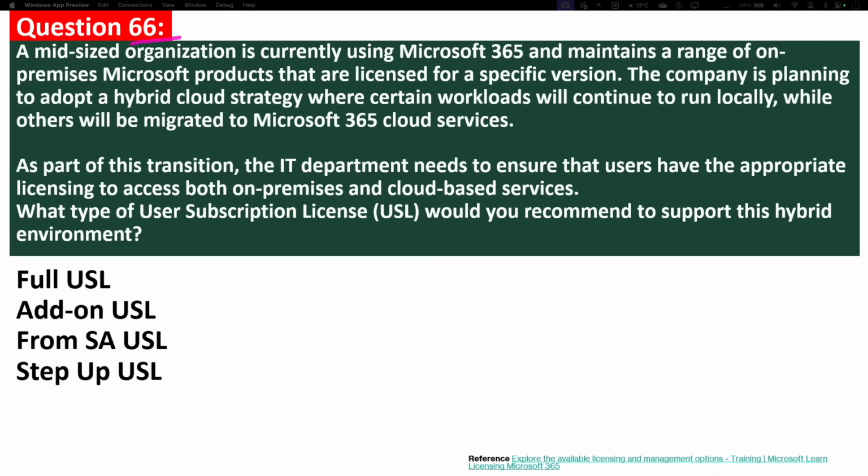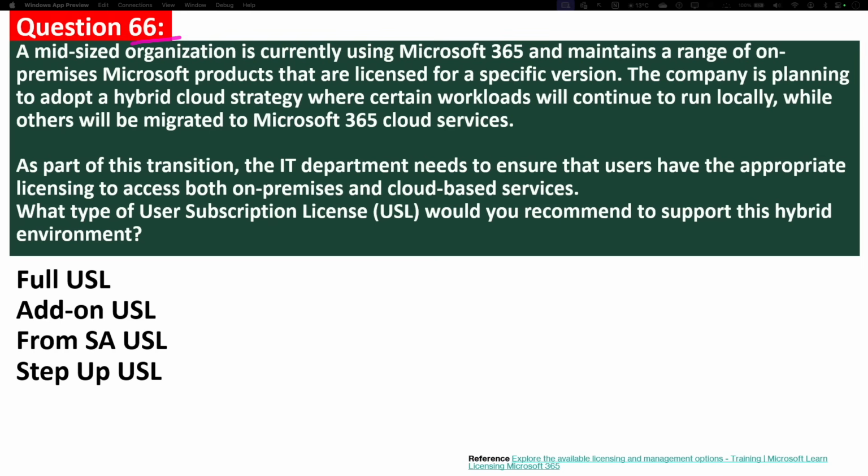Question number 66. A mid sized organization is currently using Microsoft 365 and maintains a range of on premises Microsoft products that are licensed for a specific version. The company is planning to adopt a hybrid cloud strategy where certain workloads will continue to run locally while others will be migrated to Microsoft 365 cloud services.